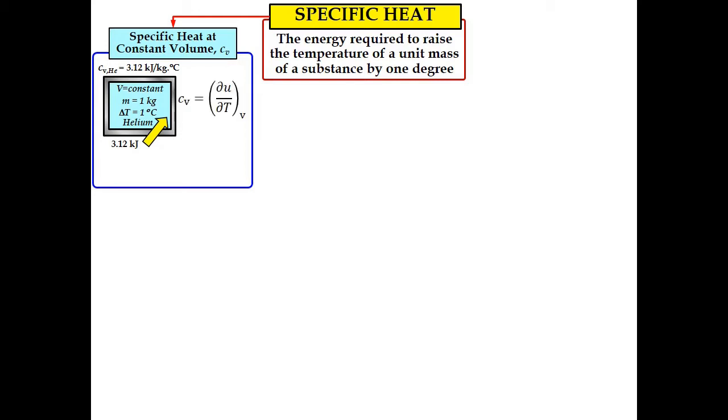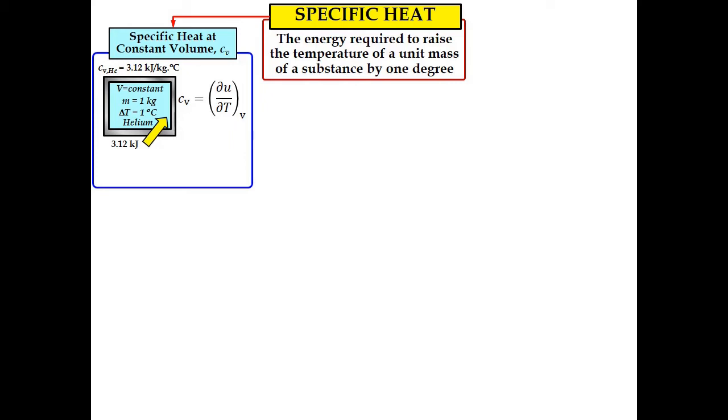In mathematical formula, the CV equals du over dT, with subscript V here to show that the process involved is constant volume. So the value of CV relates the internal energy difference with the temperature.